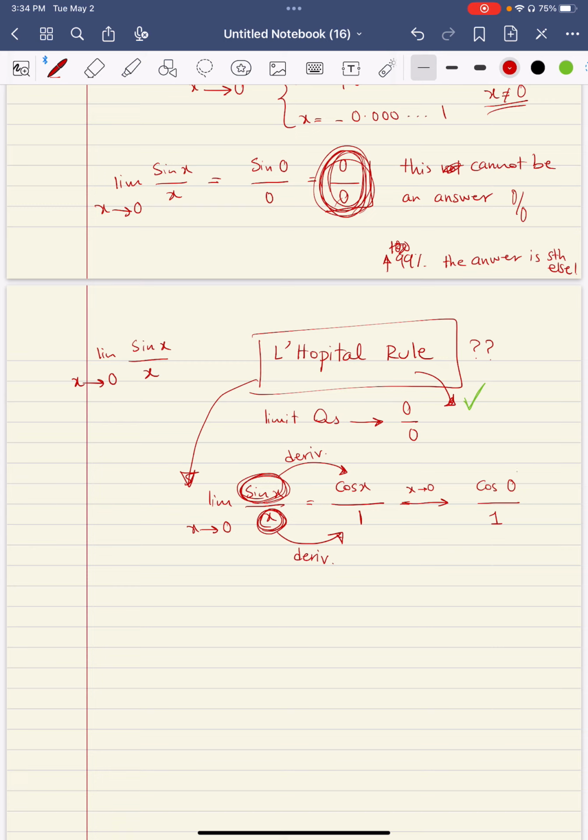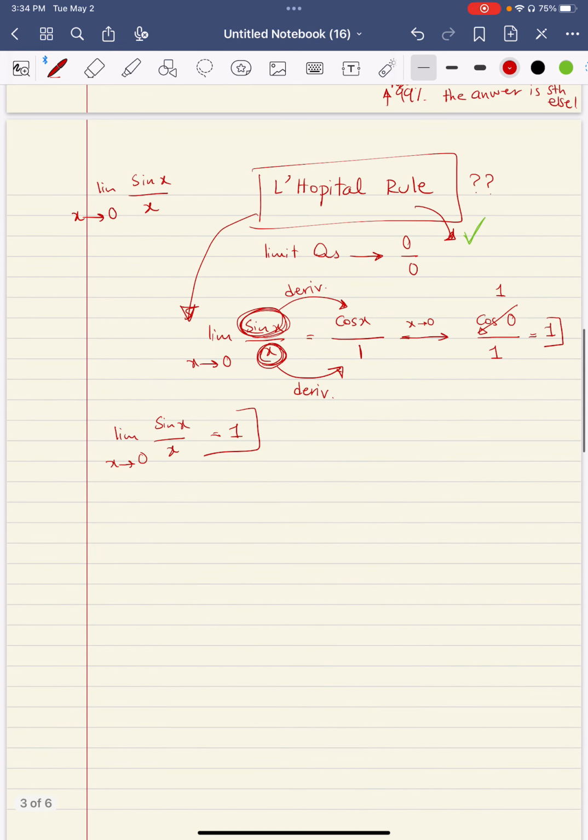So let's do that. Cosine of 0 is 1, so it would be 1 over 1. The answer would be 1, correct? So by using L'Hopital's rule, we found that the answer for sine x over x would be equal to 1.